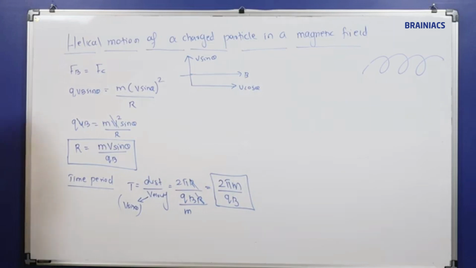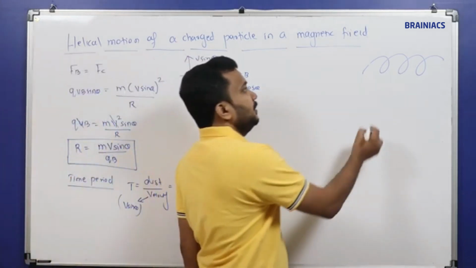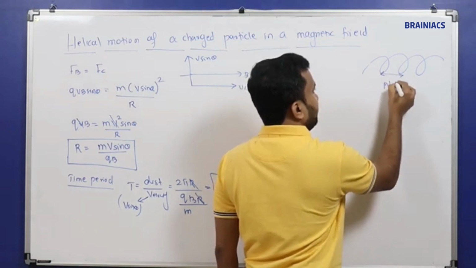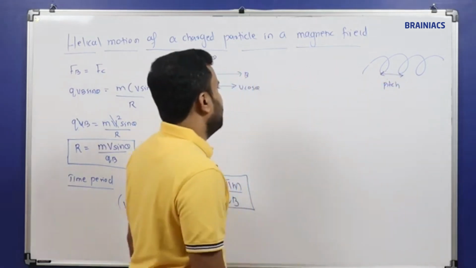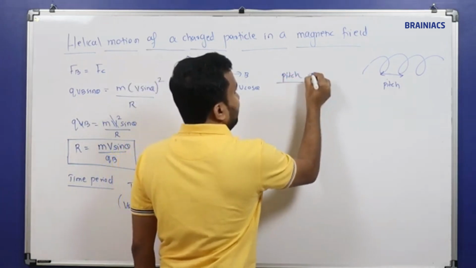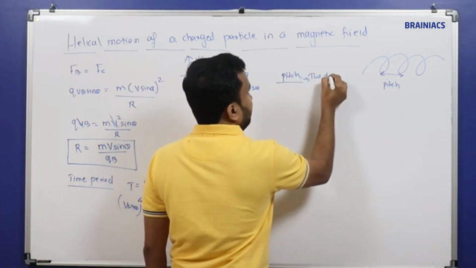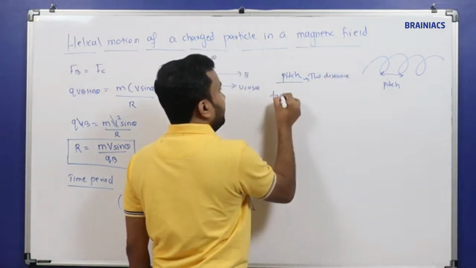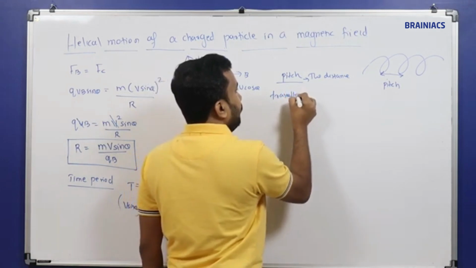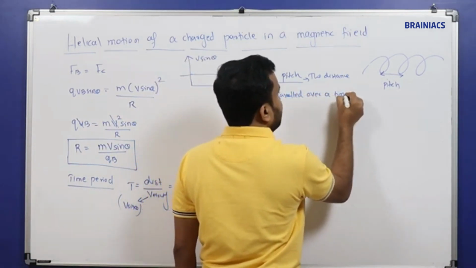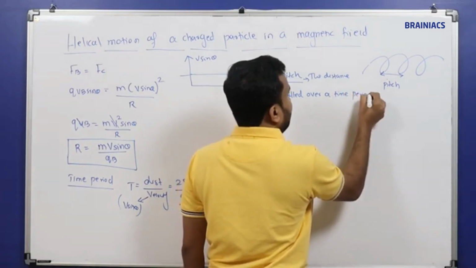Next one. In a helix, the distance between two adjacent spirals is called the pitch. So what is called a pitch? Pitch is defined as the distance traveled over a time period.